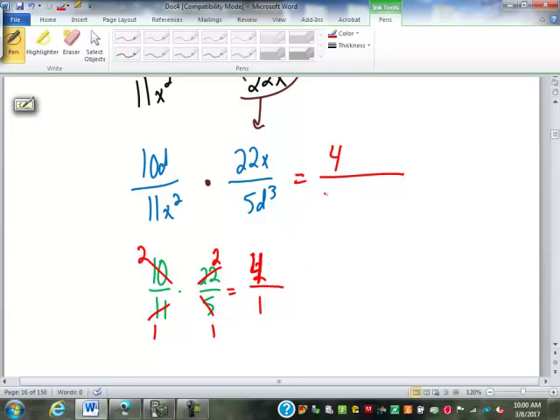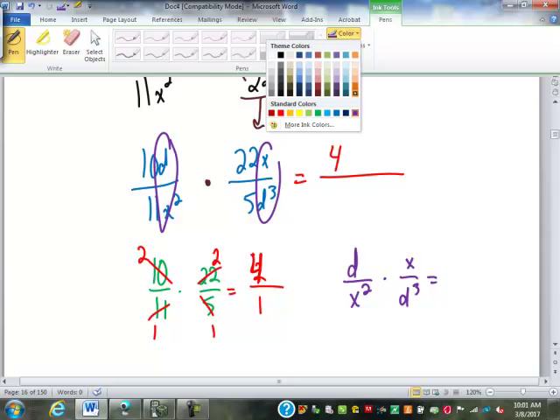So in the answer, I have 4 on top and a 1 on bottom. I'm not going to put the 1 on bottom because if there's nothing else down there, it's not going to be a fraction anymore. So I'm going to pull up the variables. I have d over x squared, and then I have x over d cubed.